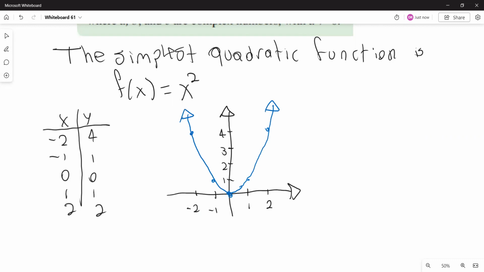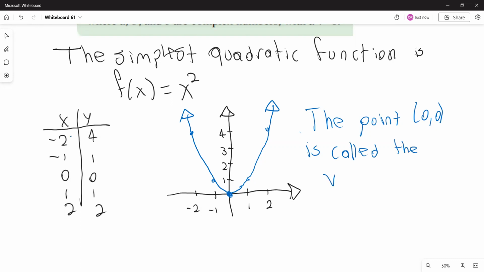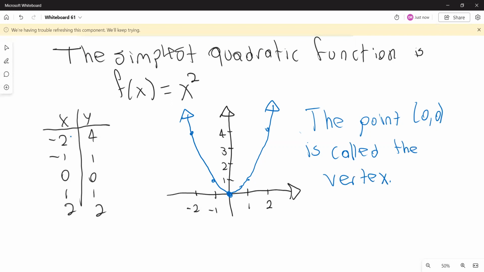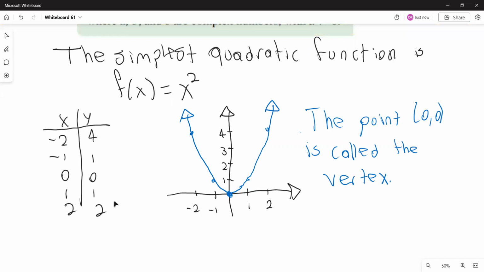And the point, the turning point, where the graph changes from, in this case, decreasing to increasing, is called the vertex. So the point (0, 0) is the vertex. And this parabola opens upward.